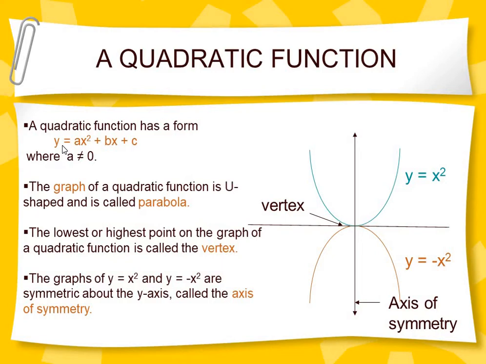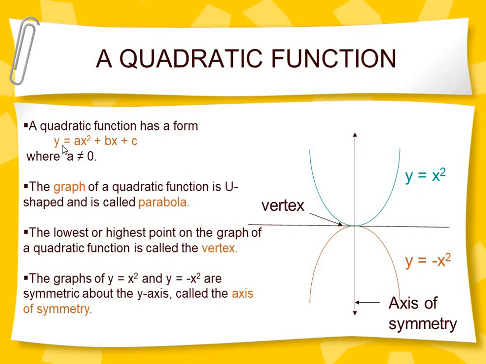Now, let's talk again about the graph of the parabola. How does the graph of the parabola look? If you look at the xy coordinates and you see a graph that looks like a U shape, you will know immediately that we are talking about a quadratic function graph, which I call a parabola.